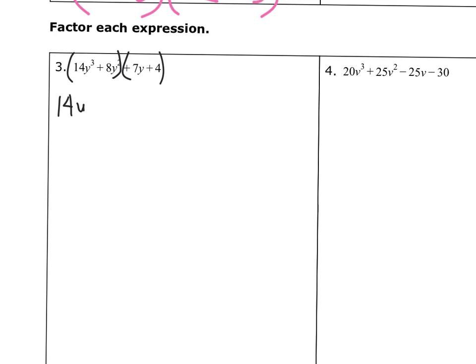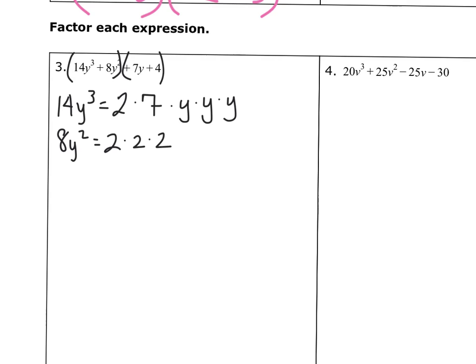So I have 14y cubed. 14 is 7 times 2. And then y cubed is y times y times y. 8y squared. 8 is 2 times 4, and 4 is 2 times 2, right? And then y squared is y times y.